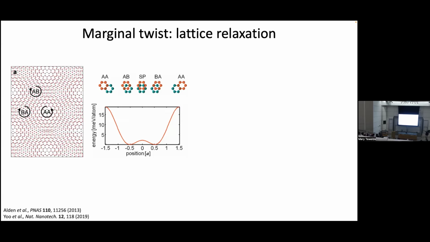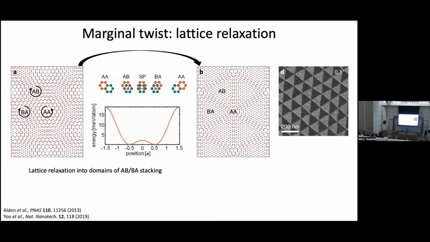If you have carbon atoms sitting directly on top of one another, that's energetically the worst situation. And so what the system does in response, particularly at relatively low twist angles, where it doesn't have to shift very much to do this, you get large regions of AB and BA stacking that form these sort of triangles. And these AA sites shrink, and then you get boundaries between these different regions.